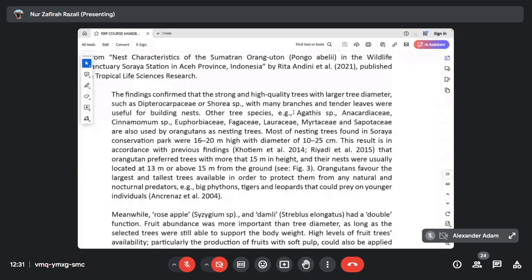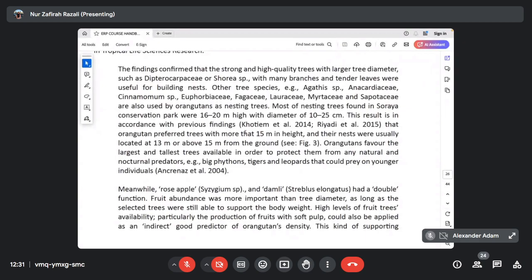Other tree species are also used by orangutans as nesting trees. Most of nesting trees found in Soraya Conservation Park were 16 to 20 meters high with diameter of 10 to 25 centimeters. This result is in accordance with previous findings that orangutan prefer trees with more than 15 meters in height, and their nests were usually located at 13 meters or above 15 meters from the ground.